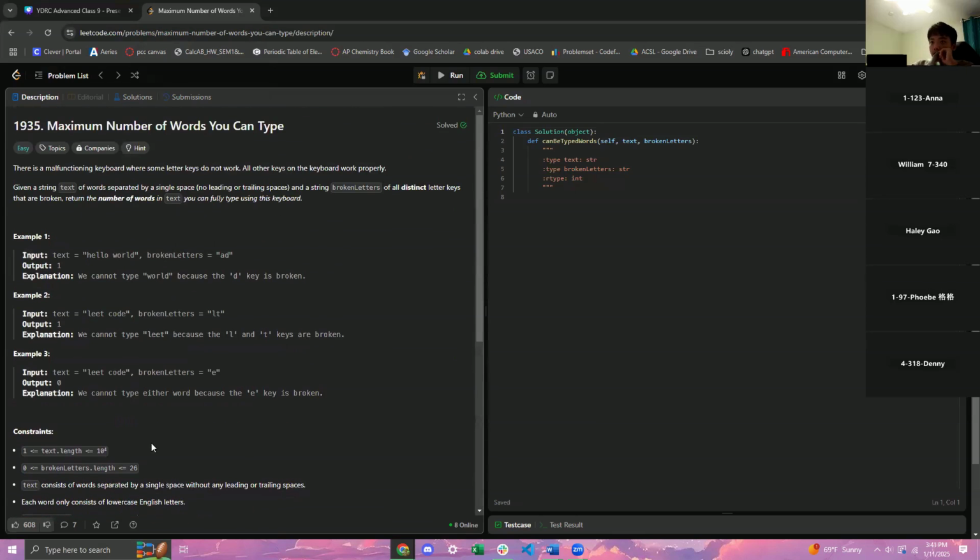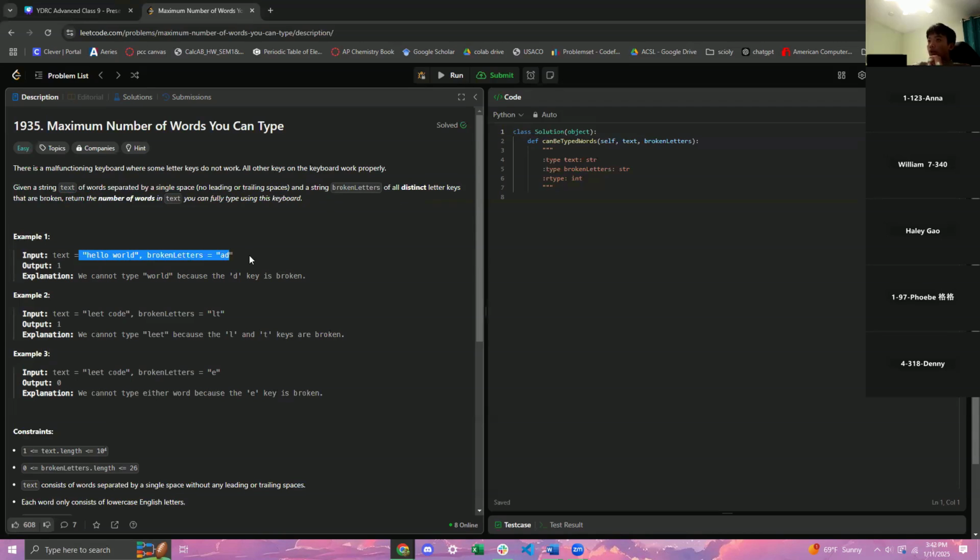When you're looking at the inputs, make sure you know there can be more than one input, and the problem statement tells you what each input is. For example, broken letters are all the distinct letters that are broken, and text is the words that you have.